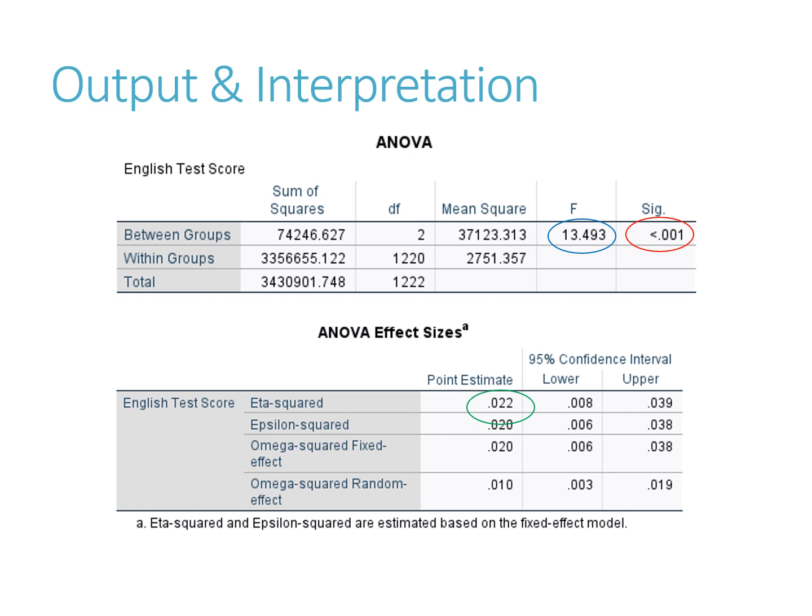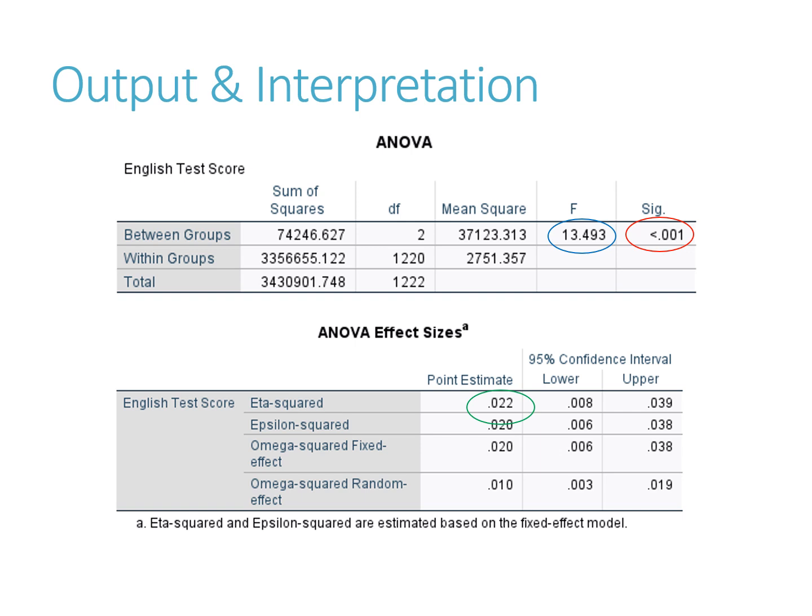We conducted our test using SPSS and found the following outputs. In terms of between groups, there is a degree of freedom of 2, and within groups, there is a degree of freedom of 1,120. Additionally, the F statistic is 13.493 with a significance of less than 0.001.